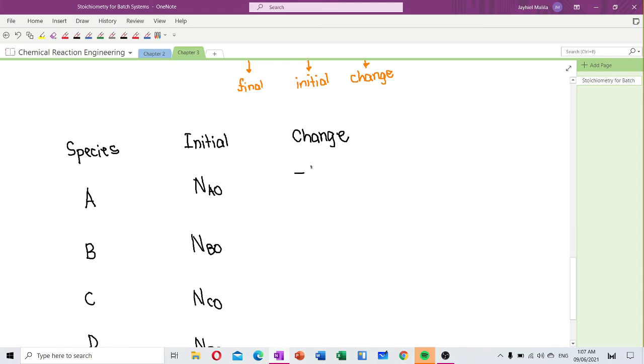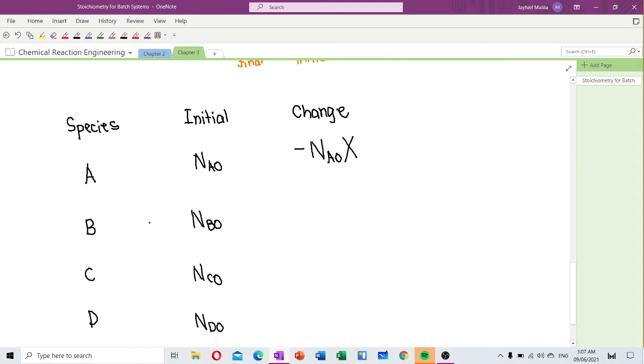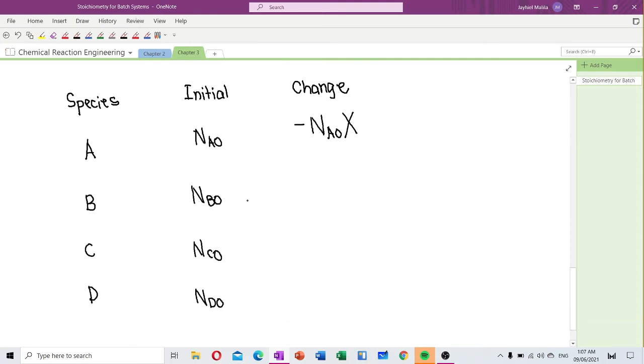So we have negative Na0x. That's negative because A is consumed in the process. As for B, C, and D, we have to be mindful about the appropriate term to write to account for the amount of moles of B that reacted.